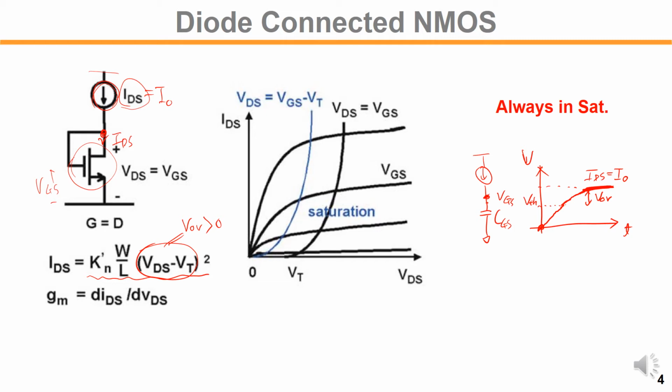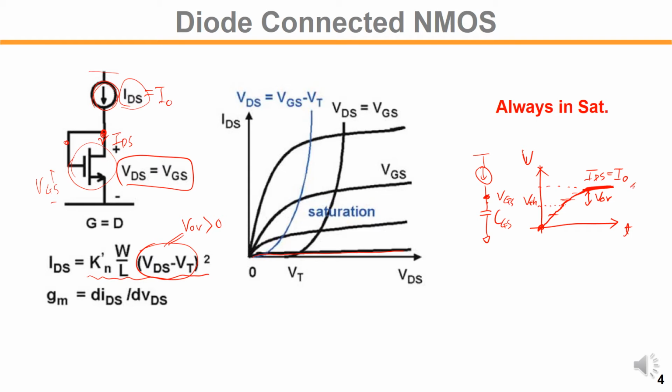And if you look at the VGS and VDS relationship, because VGS and VDS are the same, the device operates from initially near 0 voltage to higher voltage up to the final VGS.